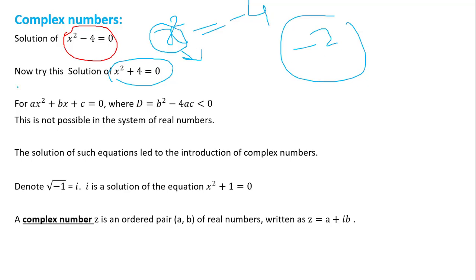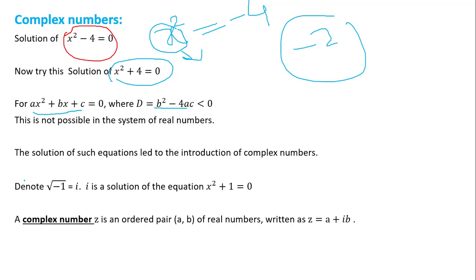In general, for ax square plus bx plus c equal to 0, this is a quadratic equation. If the discriminant b square minus 4ac is less than 0, then we will not be able to solve with the help of the real number system, or we can say we will not get any real solution.